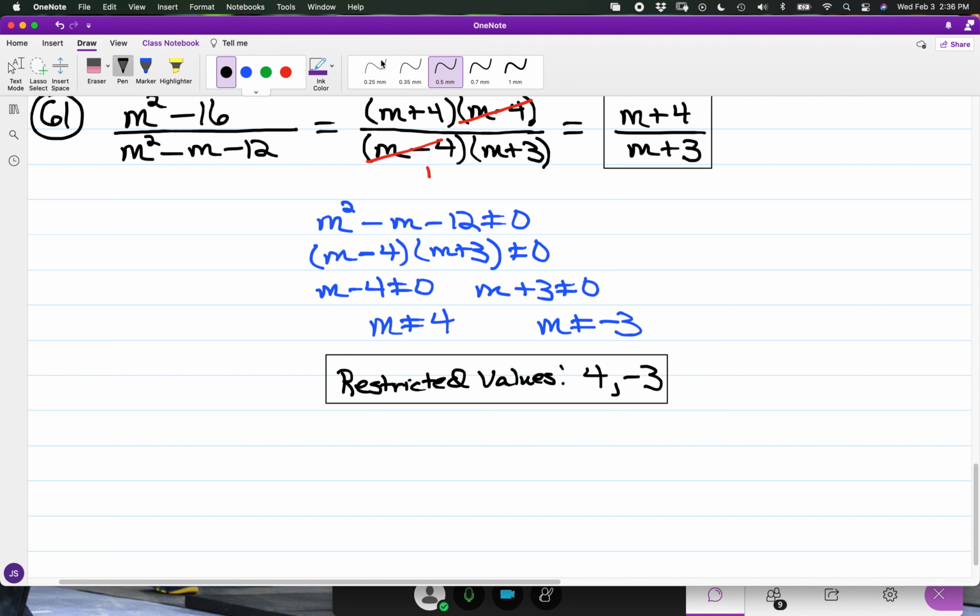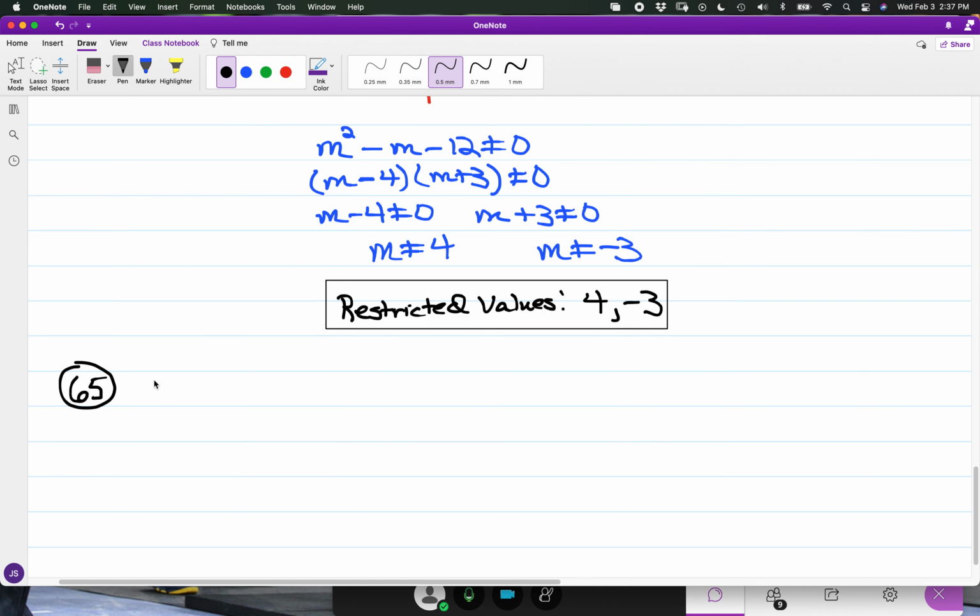Now, in looking at number 65, we're adding fractions together, with unlike denominators at the start. So we have 7 over 20x plus 2 over 15x to the fourth.